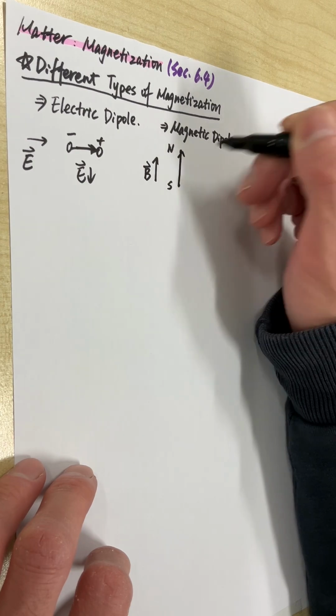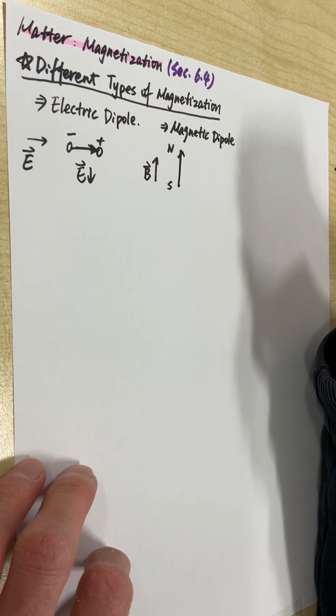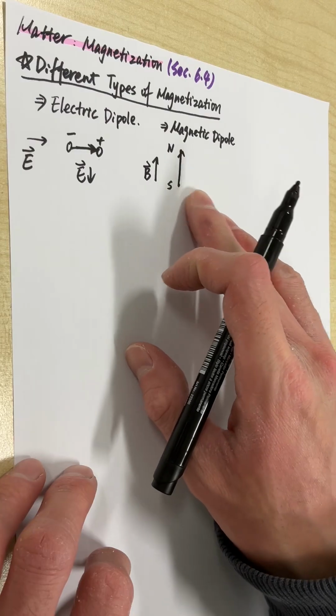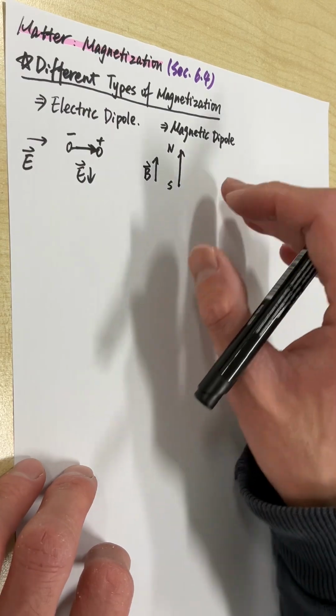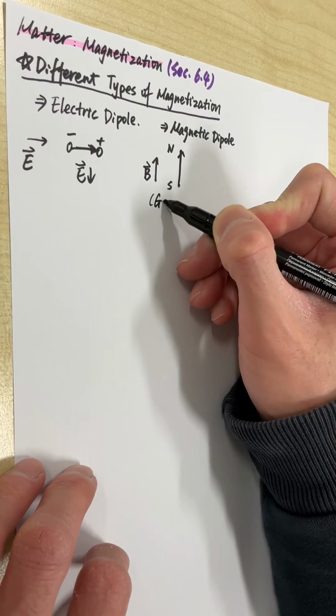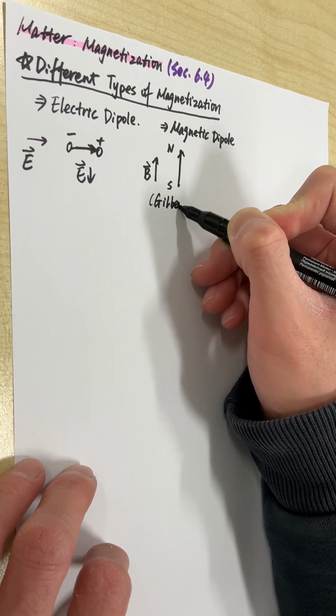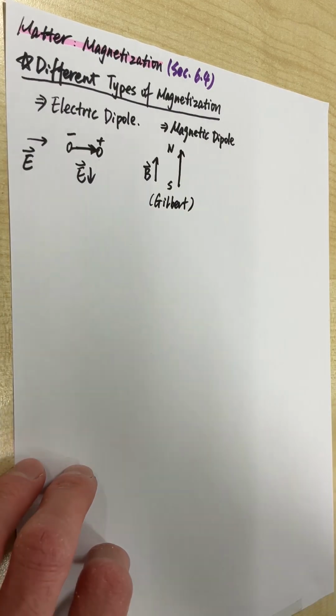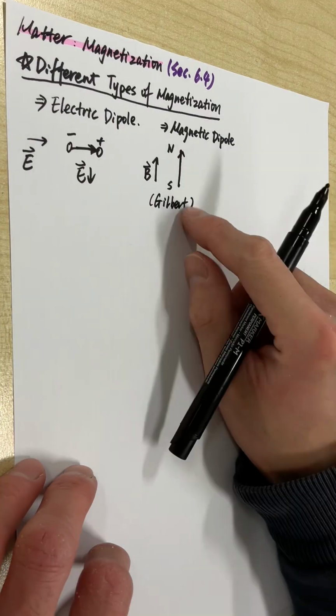So here we have a magnetic dipole. This is microscopic. It's not the north pole and south pole of the Earth. This is called the Gilbert model. However, this model is wrong.